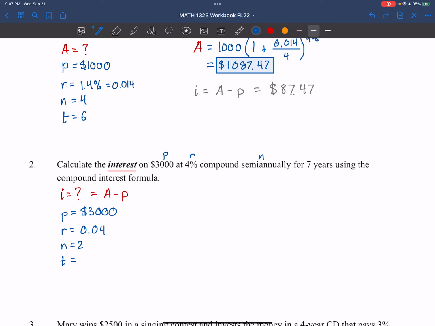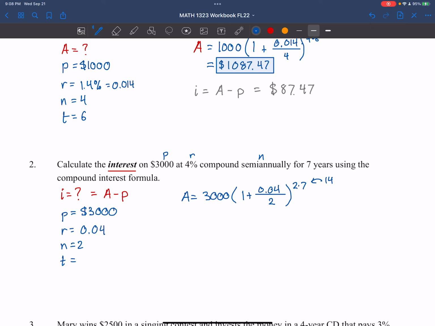So in this case, A is equal to 3,000 times 1 plus 0.04 divided by n, which is 2, all raised to the 2 times 7, which is 14, so just kind of do that ahead of time.